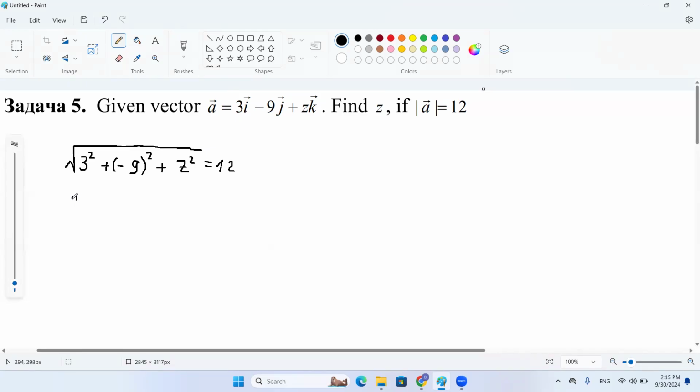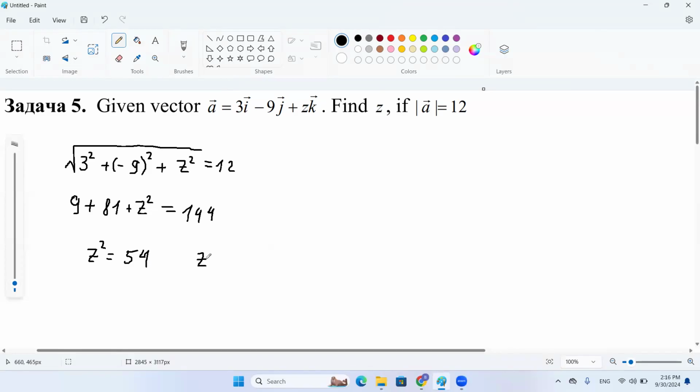Okay, let's write in details. 9 plus 81 plus z square equals 144. So we just raise both sides to power of 2. And z squared equals 144 minus 90, which is 54.